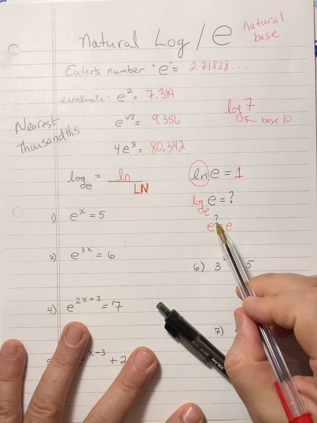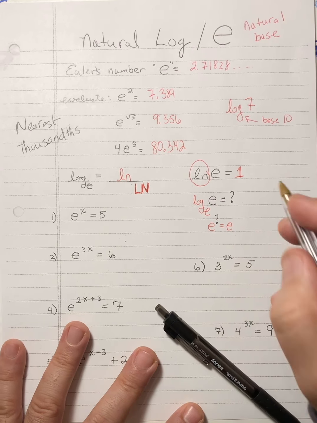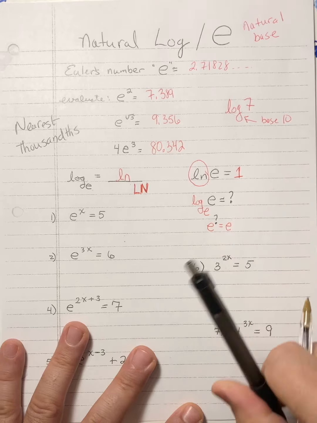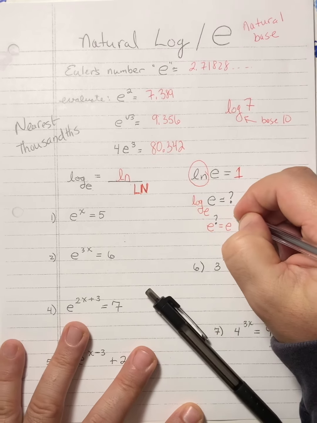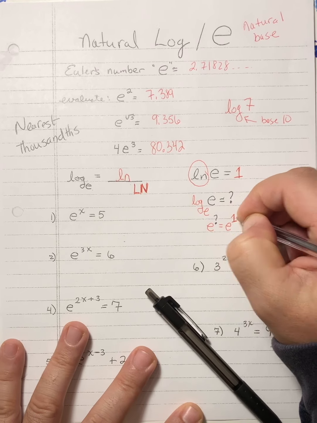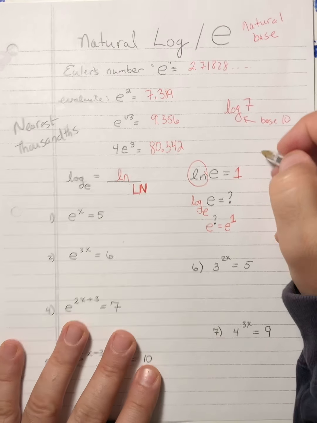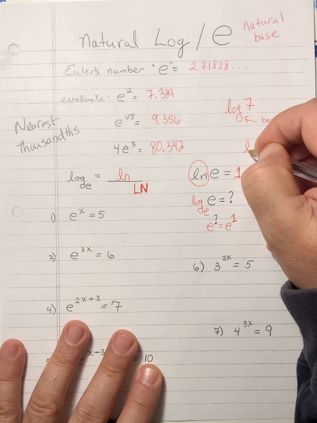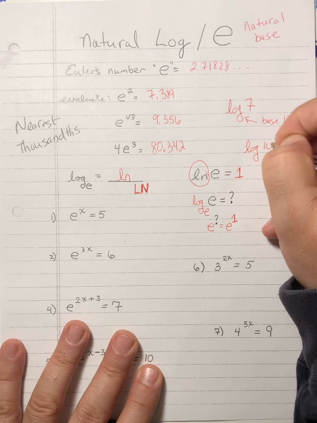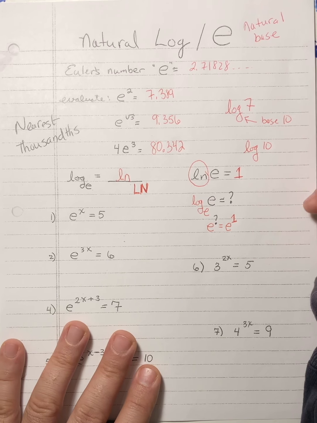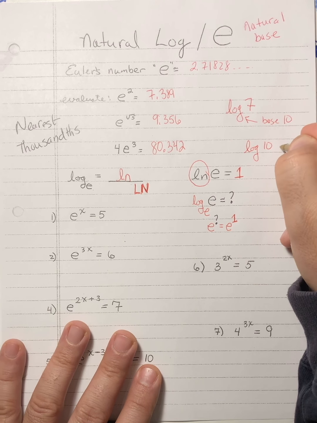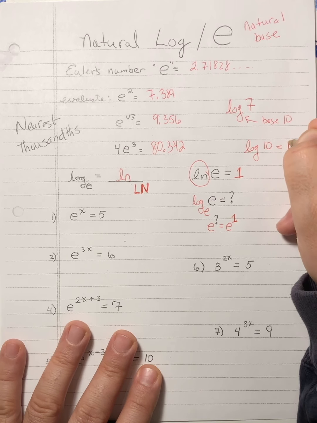Well, what does the question mark have to be? It's got to be a 1. That's right. That has to be a 1. Okay? Also, look at this. Log of 10. If you go to type that in your calculator, that equals 1.